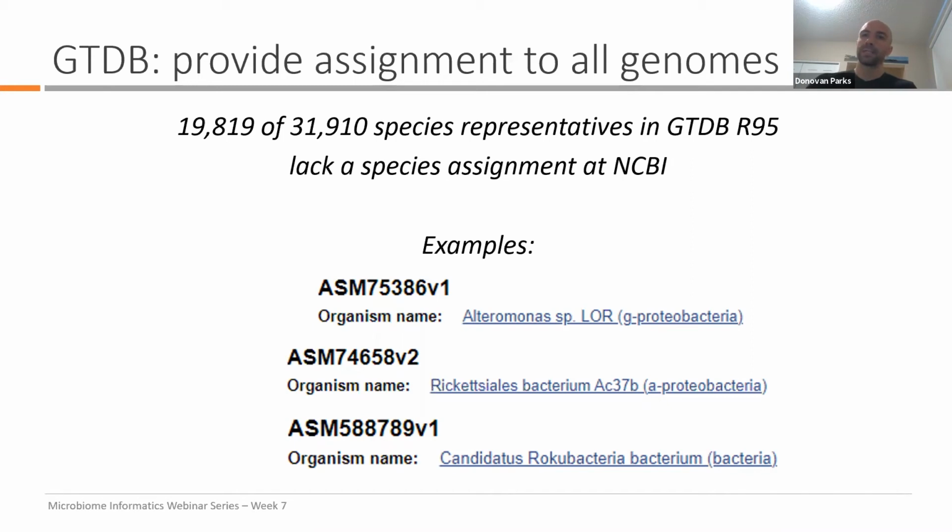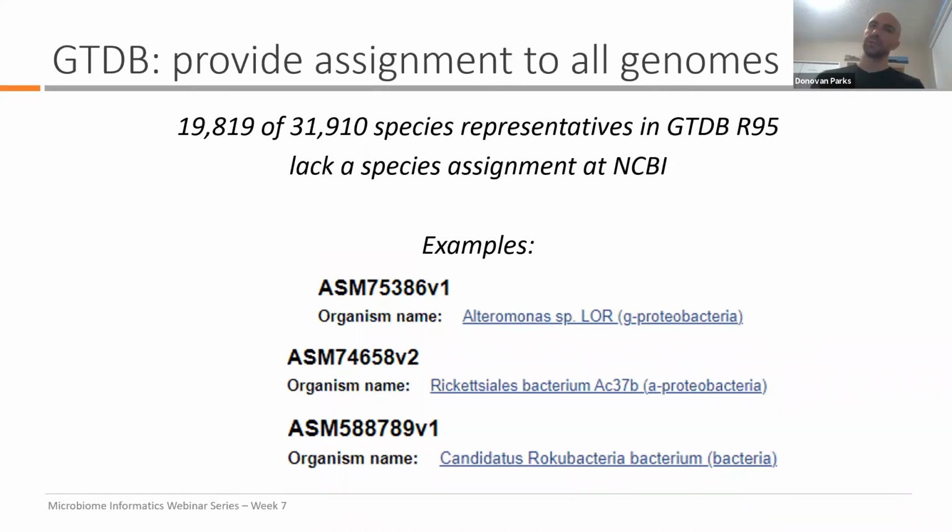You can contrast this with the NCBI. I'll point out the example at the bottom here, where in this case it's a MAG that's only classified as a Candidatus phylum, with no more specific classification.